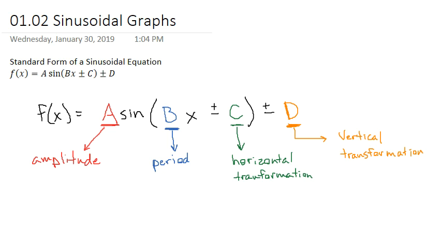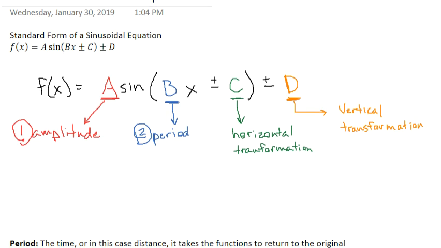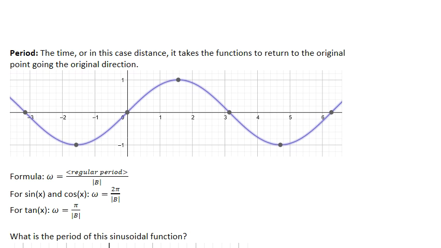Now, it's not that we're actually going to get to them today, but I wanted you to see this because it is important information. The big guys we're going to get to today are amplitude and period. All right, and of those two, we are actually going to start talking about period. So let's go ahead to our first definition and problem.